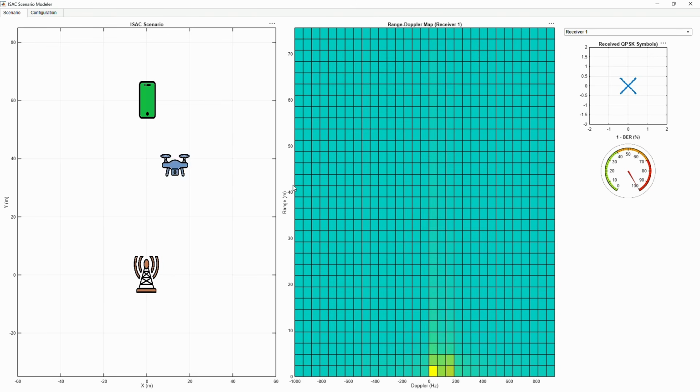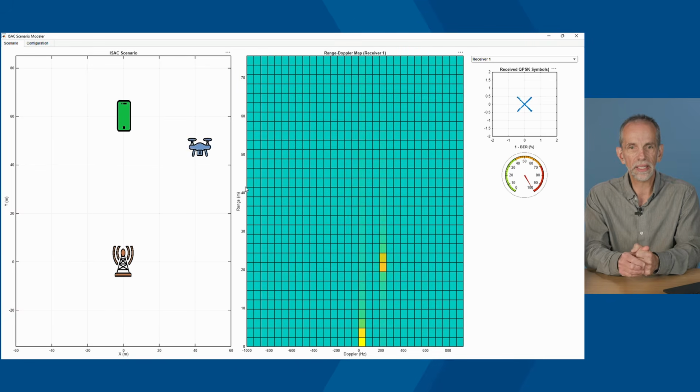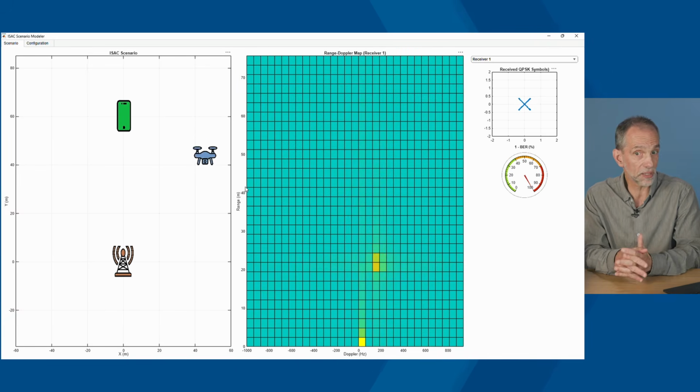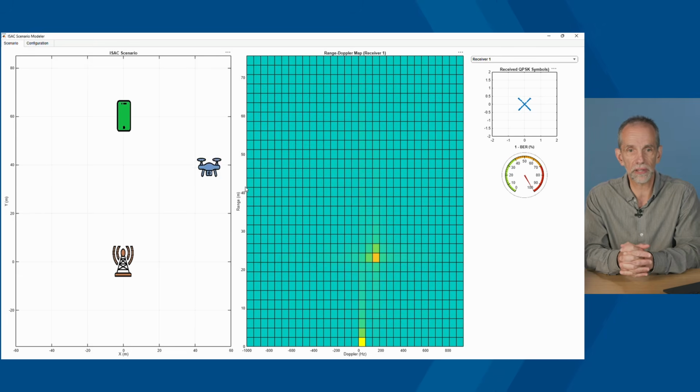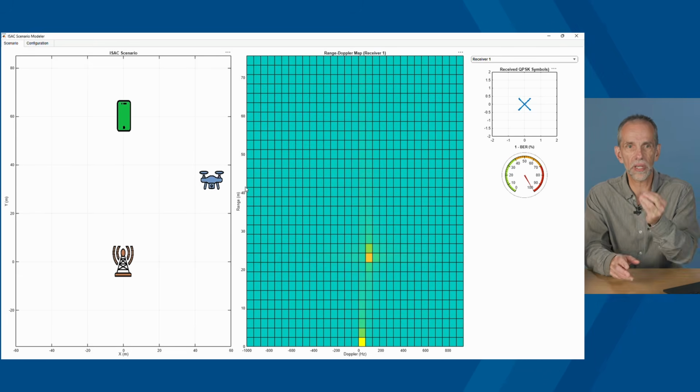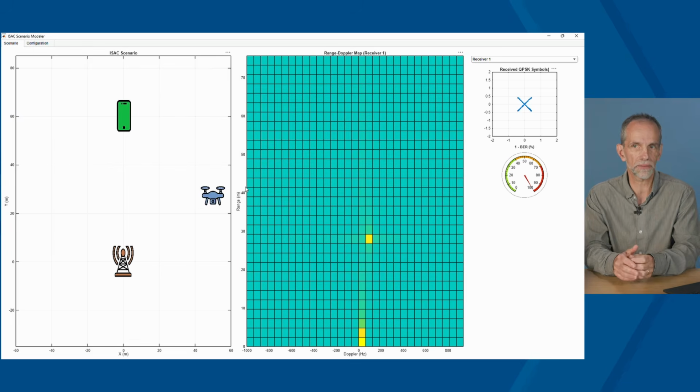From a radar and sensing perspective, the UE knows nothing of the base station. It's calculating these numbers purely from the reflection from the drone back to the UE. And here again, the brightest yellow spot is at 0, 0 range and Doppler, which is indicative of the line of sight path.